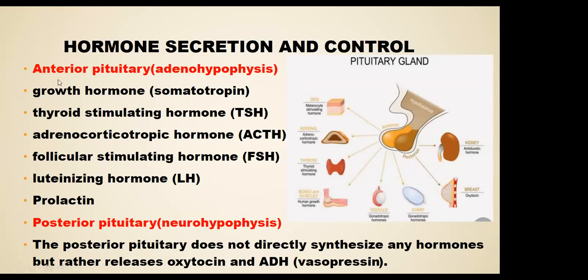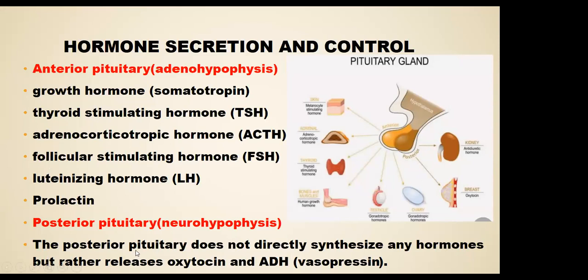The anterior pituitary secretes growth hormone, thyroid stimulating hormone, adrenocorticotropic hormone, FSH, LH, and prolactin. While the posterior pituitary gland doesn't synthesize hormones, it just releases oxytocin and vasopressin, which are synthesized in the hypothalamus.